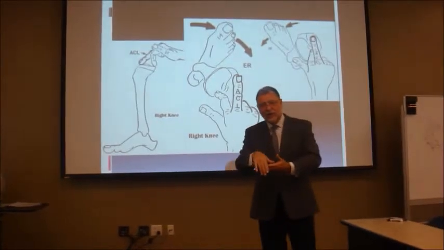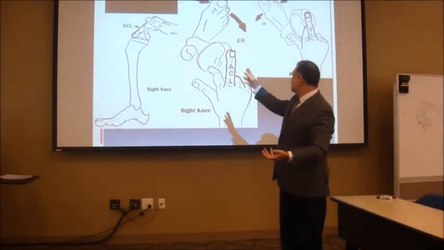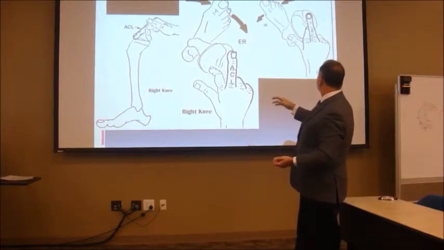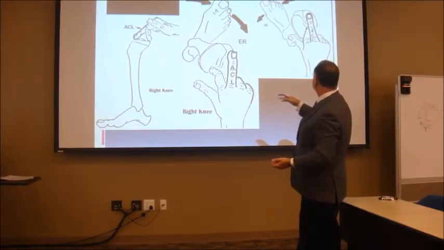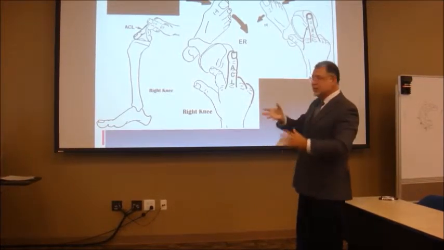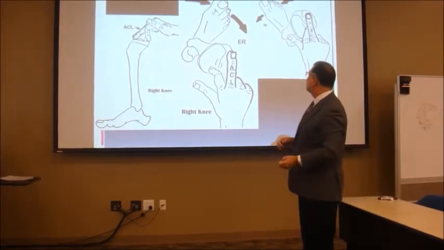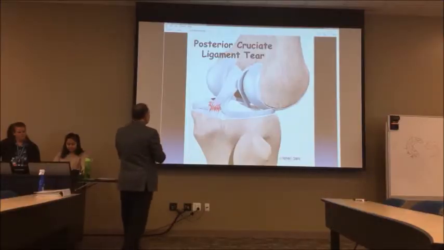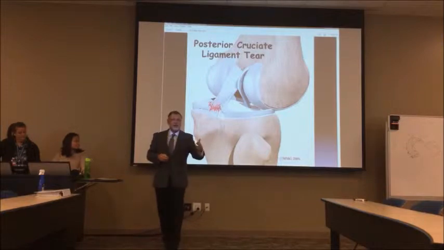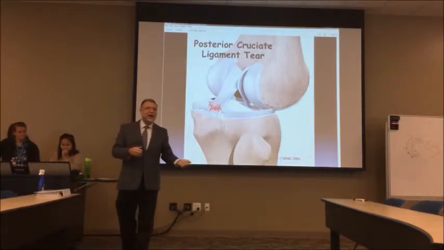So by doing flexion and external rotation, chances are to injure this structure. Same with internal rotation. So the ACL is going to be considered in any of those ranges of motion. The posterior cruciate ligament can be torn. It's not as common or frequent as the anterior, but it might happen.